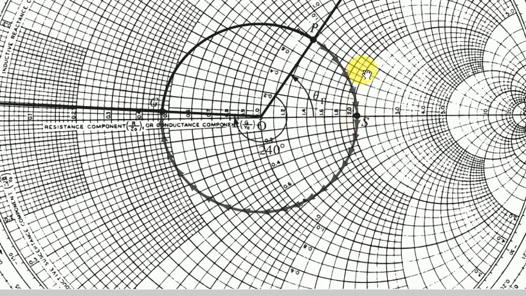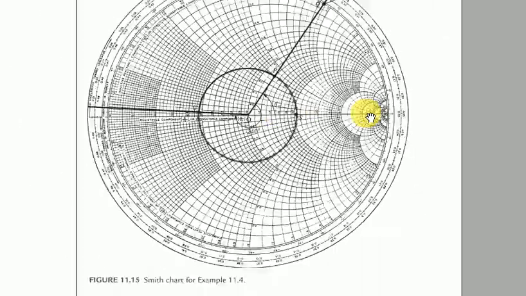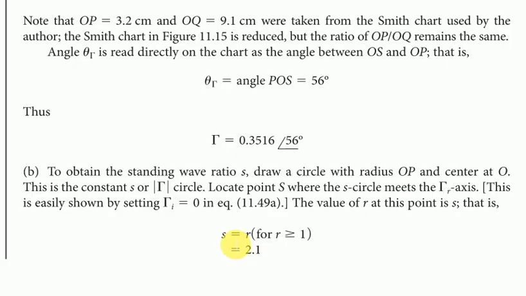This circle is r equal to 2. So you can easily see that this circle intersects the gamma r axis at point S, and this point S is slightly above the r equal to 2 circle. So that is why I have assumed r is equal to 2.1. Okay, r is equal to 2.1. So in this way you can find out the standing wave ratio. Whatever the value of r is, that will come out as the value of the standing wave ratio.